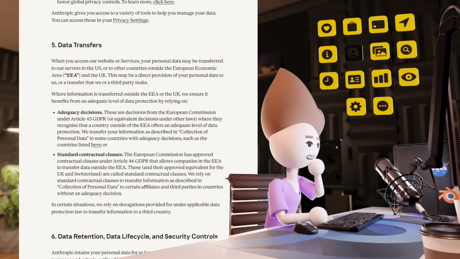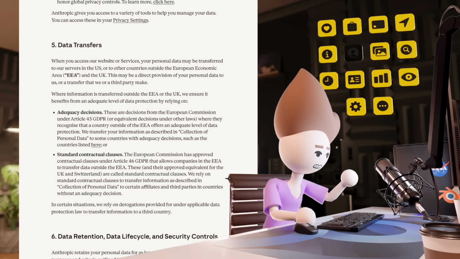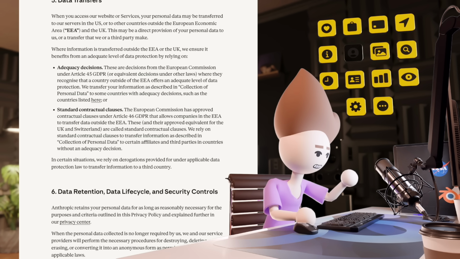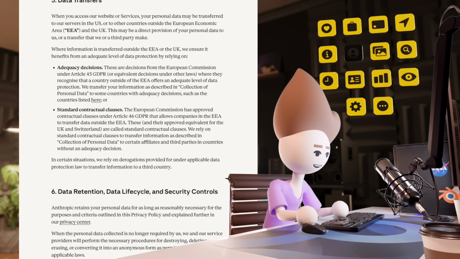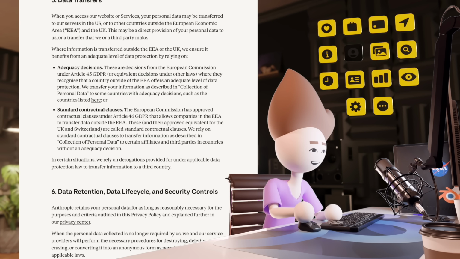We transfer your information as described in the collection of personal data to some countries with adequacy decisions, such as countries listed here, or standard contractual clauses. The European Commission has approved contractual clauses under Article 46 GDPR that allow companies in the EEA to transfer data outside the EEA. These and their approved equivalent in the UK and Switzerland are called standard contractual clauses.